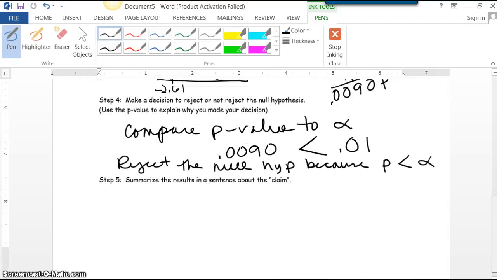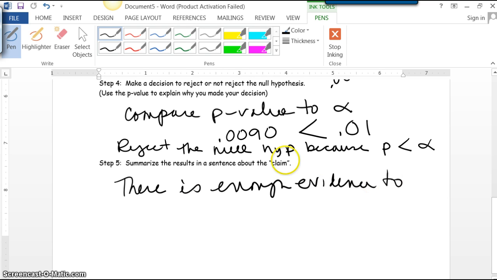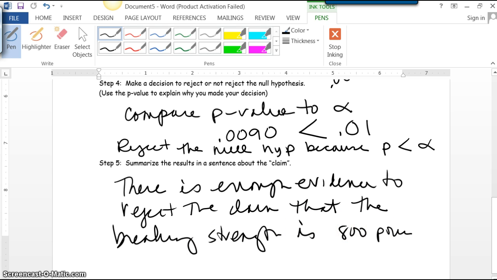So back down here on this sentence, we are also saying there's enough evidence to reject the claim that the breaking strength is 800 pounds. We don't think that's true anymore. We're rejecting that claim.